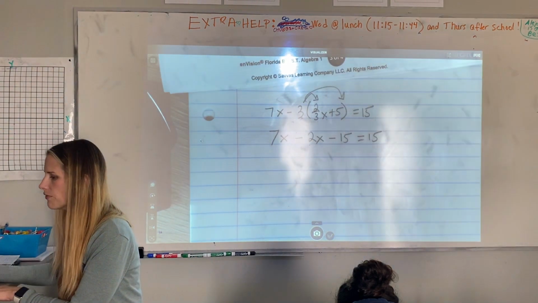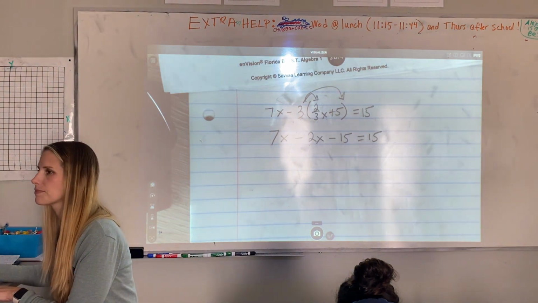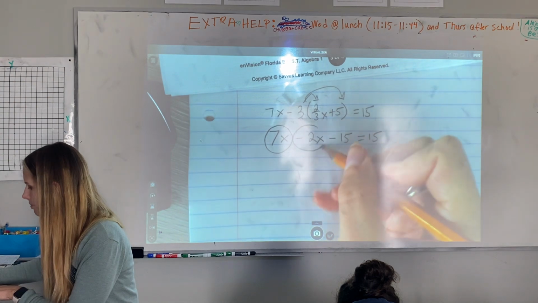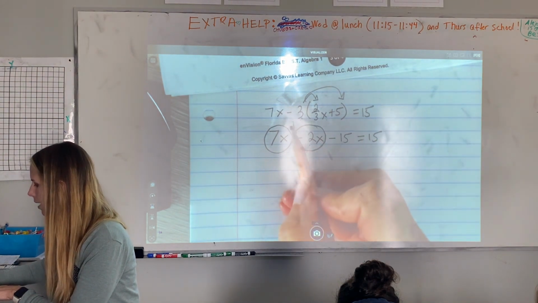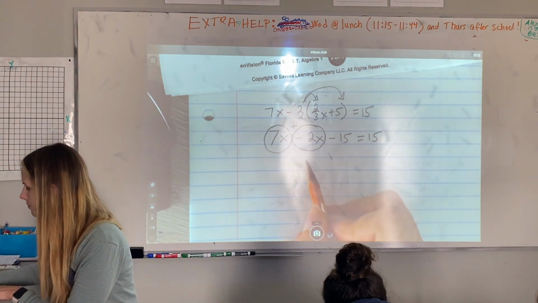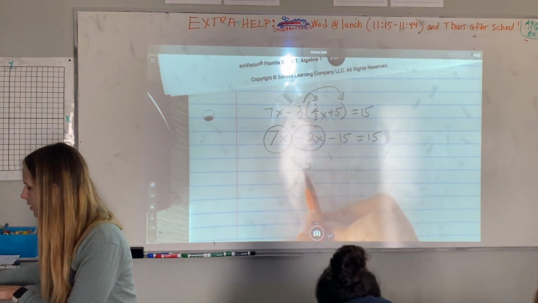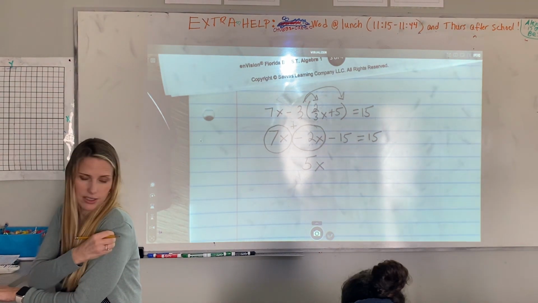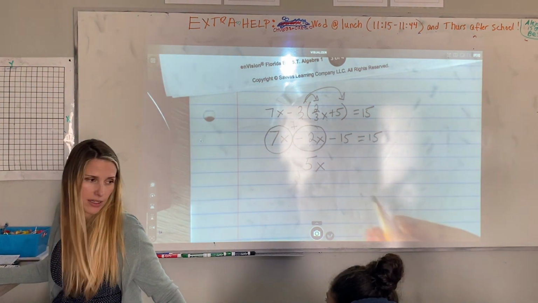Now let's keep solving. What do we do next? Combine like terms. I like to circle my terms with their signs and then combine them. 7x plus negative 2x is? Good. I shouldn't just hear one person giving me the answers, okay? Did you get this one right?